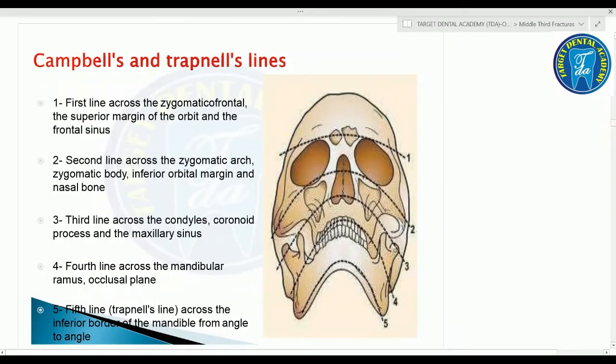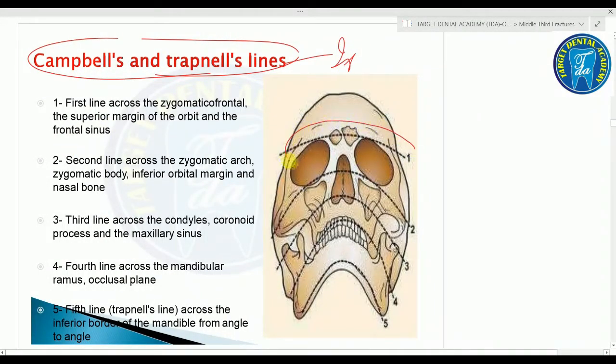Now very important lines are Campbell's lines and Trapnell's line, important. The first line crosses the zygomaticofrontal suture, the superior margin of the orbit and the frontal sinus. This is the first line. Second line crosses the zygomatic arch, zygomatic body, inferior orbital margin and the nasal bone.